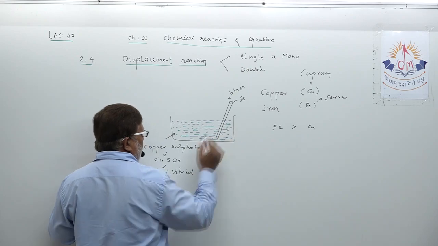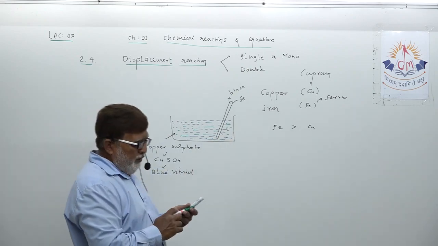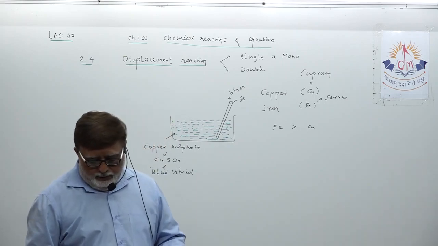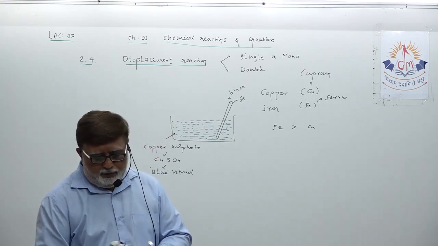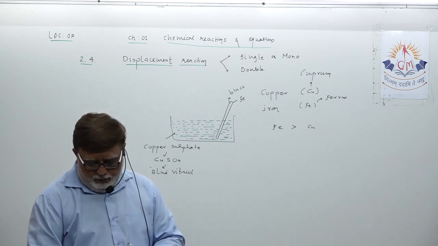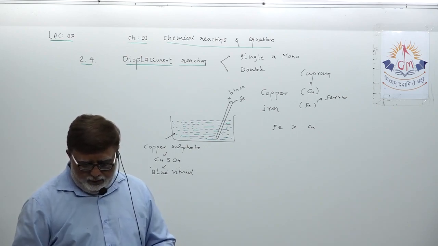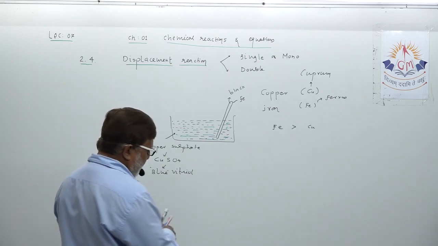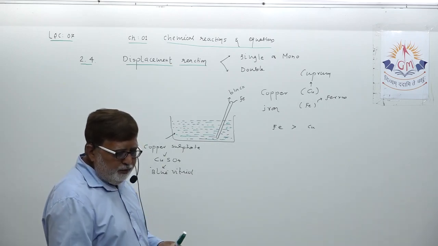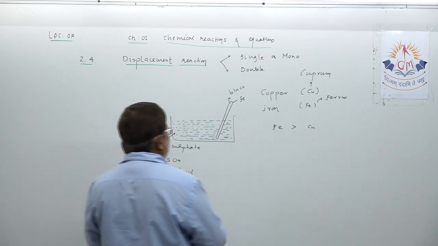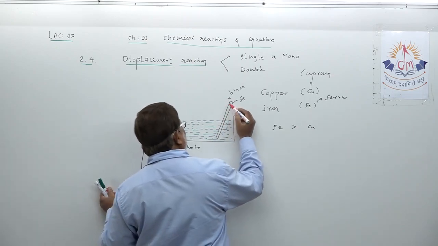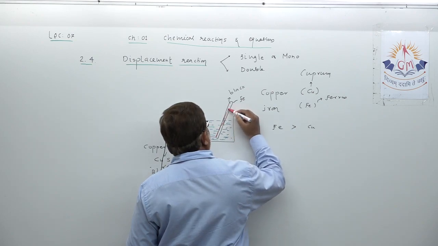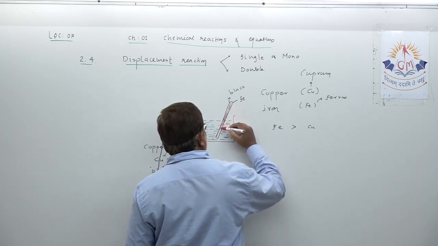The blue colored copper sulfate solution slowly turns faint green. Not only that, you will also see another change: the iron rod which was initially black now starts turning reddish brown in color.